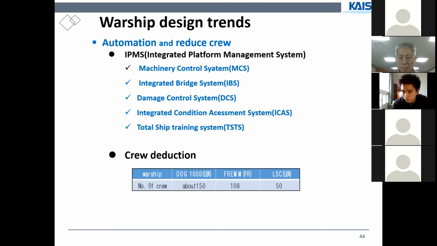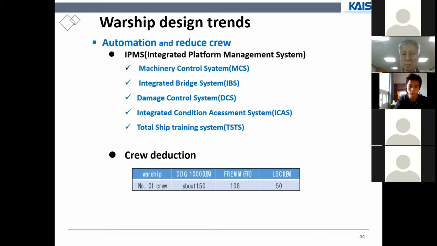For example, DDG 1000 is a very large ship costing 4 billion, but only 150 crew is enough. The French frigate has 100, and the LCS 50. These are very, very good designs.